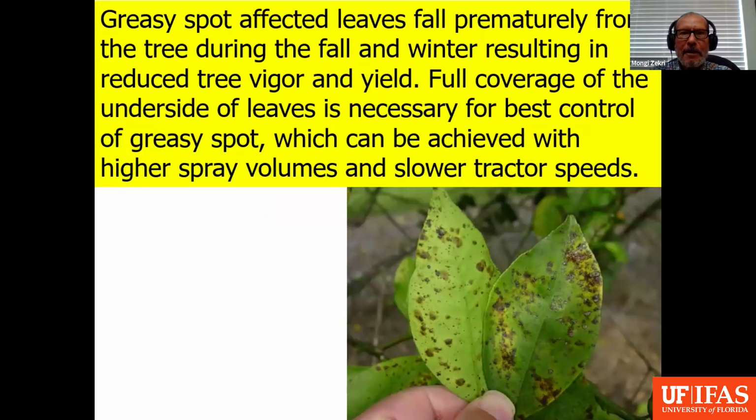Greasy spot affected leaves fall prematurely from the tree during the fall and winter, resulting in reduced tree vigor and yield. Full coverage of the underside of leaves is necessary for best control of greasy spot, which can be achieved with higher spray volumes and slower tractor speeds.